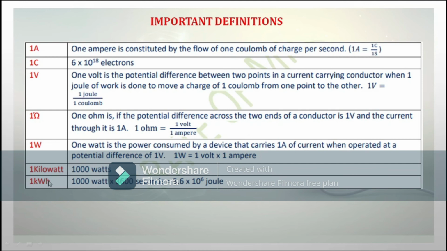The hour is converted into seconds, that is 60 into 60, that is 3600 seconds. If you multiply, you will get 3.6 into 10 to the power of 6 joules. So 1 kilowatt hour is equal to 3.6 into 10 to the power of 6 joules.